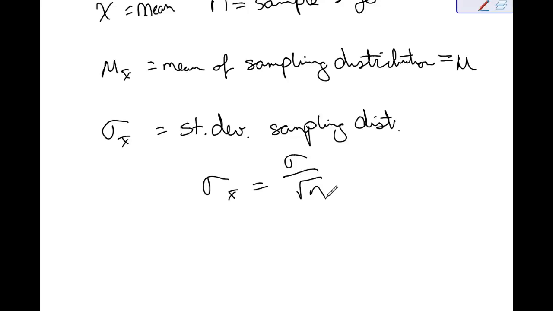Anytime you have a sampling distribution, you want to use this standard deviation instead of your normal standard deviation, because you want to allow room for error. So remember, if you have a sample size, divide by the square root of n whenever you are using the sample mean.